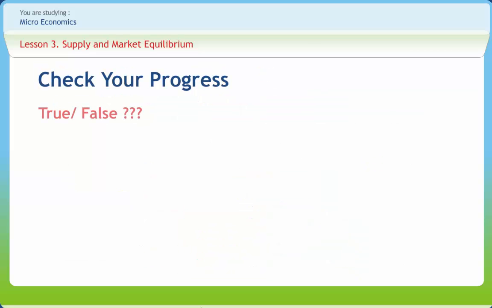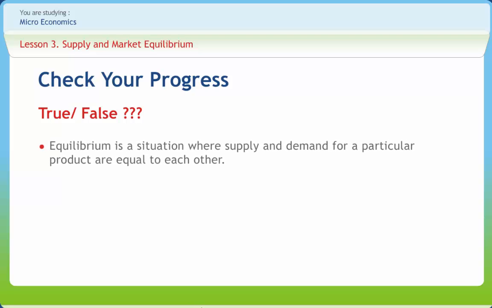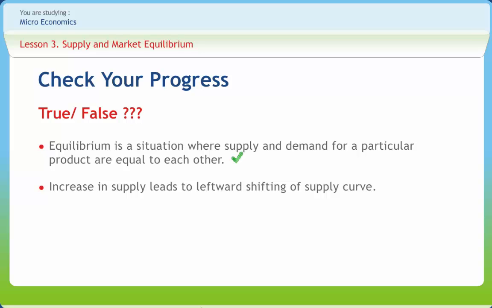Now let us check if we have understood the various concepts discussed in this lesson clearly. Equilibrium is a situation where supply and demand for a particular product are equal to each other. Right or wrong? Right. Increase in supply leads to leftward shifting of supply curve.